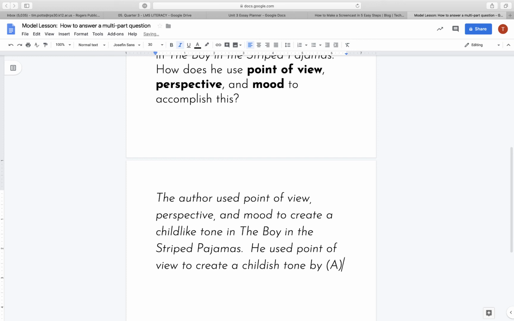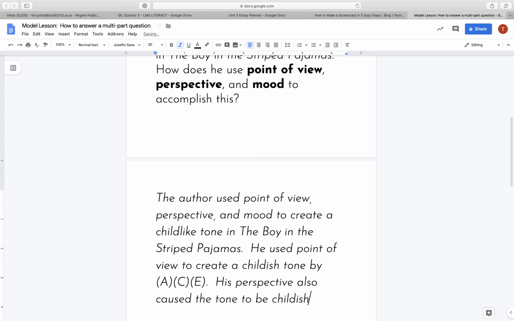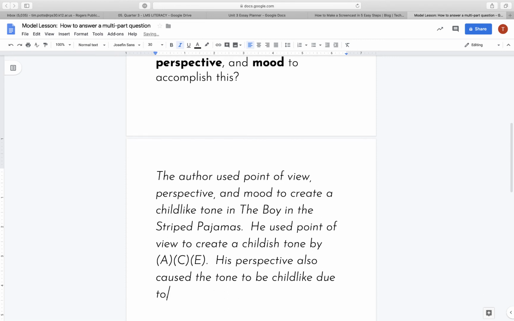We have our answer, we have our evidence, we have our explanation. Then we can come back in and mention how he used perspective. We take it one at a time. We could say his perspective also caused the tone to be childlike due to, and then we're going to answer it, put our placeholders in.